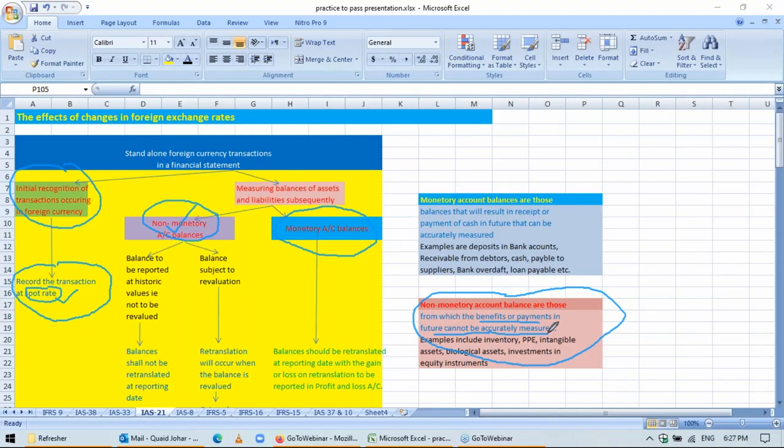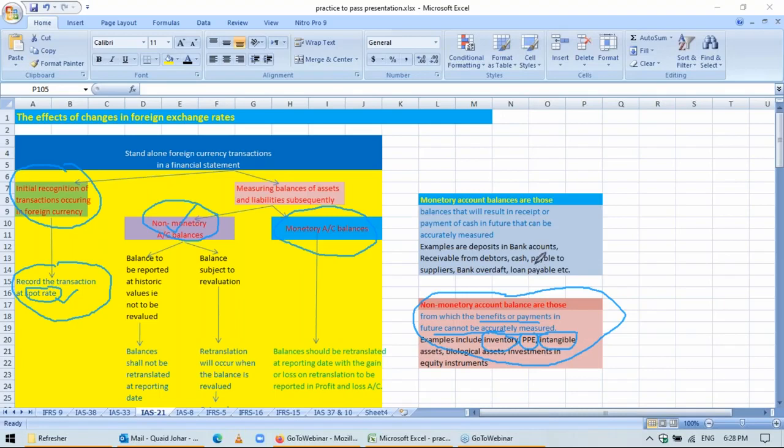From buildings, property, plant and equipment, intangible assets, we cannot predict the exact amount of payment which will occur in future. But suppose there is a receivable of $100,000. How much cash will we receive in future? It will be exactly $100,000. Or if we have to receive interest of $20,000, it will be exact.